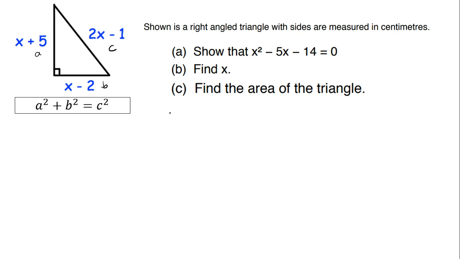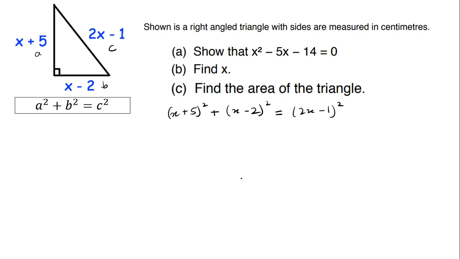So A squared is x plus 5 whole squared, plus B squared, that is x minus 2 squared, is equal to C squared, and my C is 2x minus 1 whole squared.